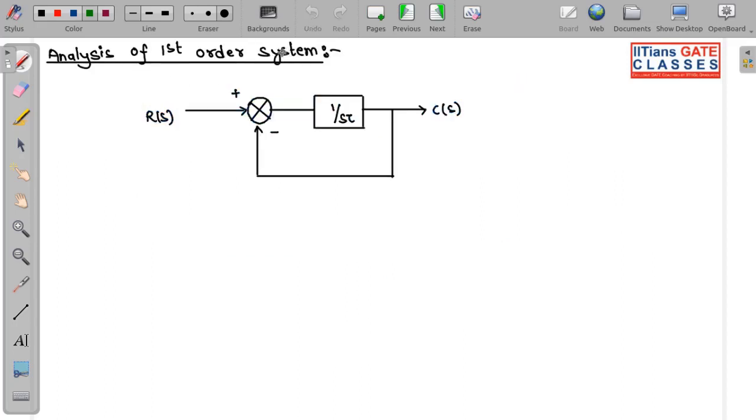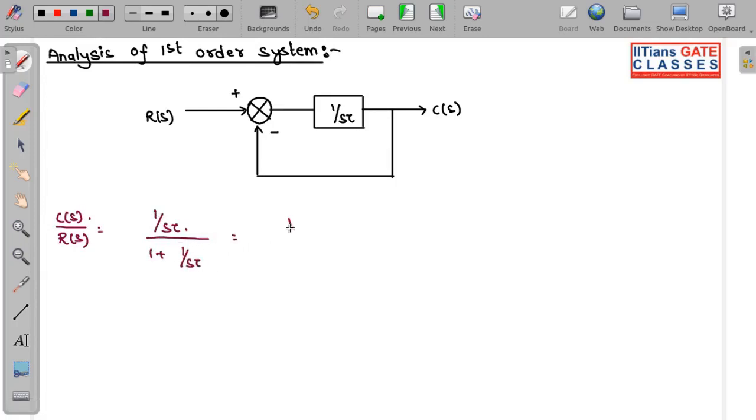Now let us do analysis of the first order system. You can see that this is a first order system. If you calculate C(S)/R(S) over here, that will be equal to 1 divided by S tau, 1 plus 1 by S tau.